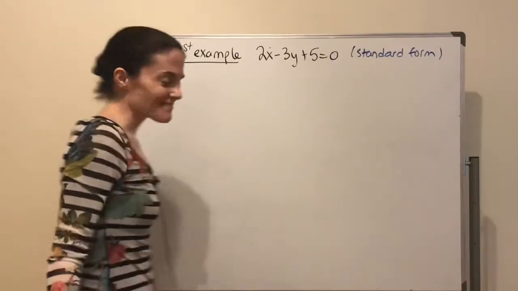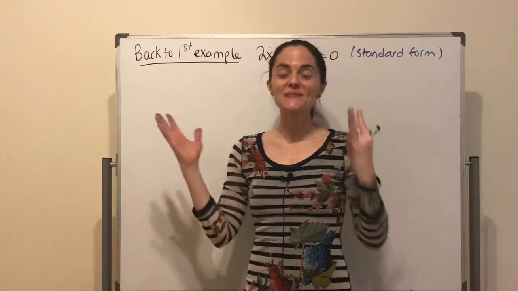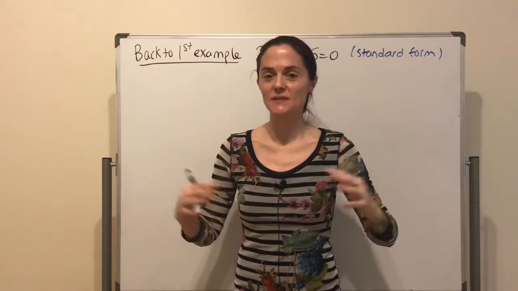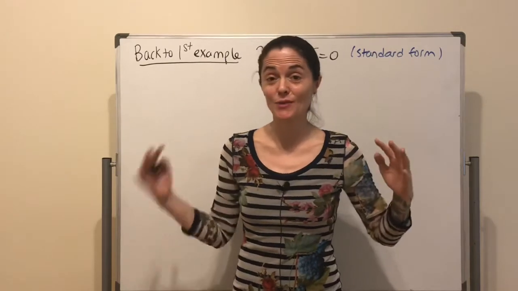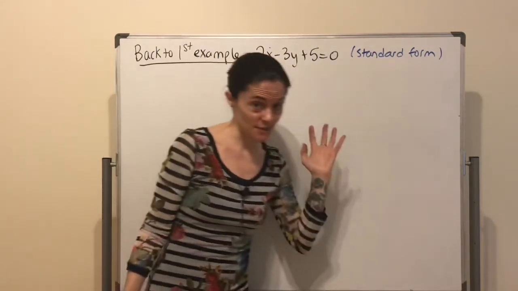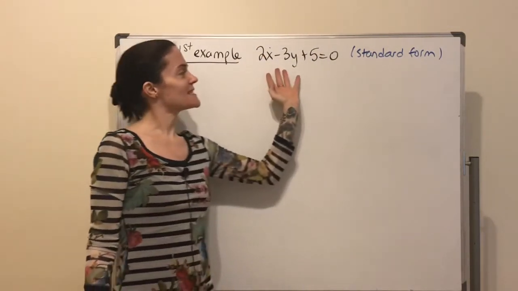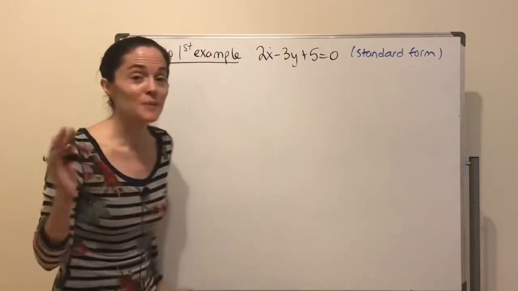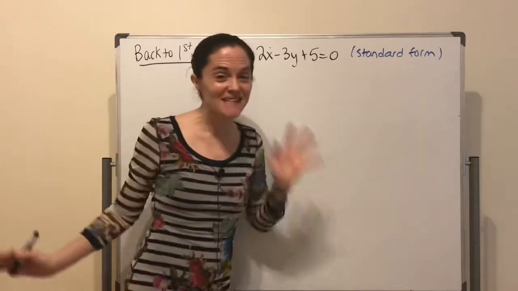Okay, I'd like to go back to our first example because it's going to move us into talking about planes in R3. It was a line in R2, and I left this standard form of the equation of the line on the board a little bit longer because I said I was going to use it.